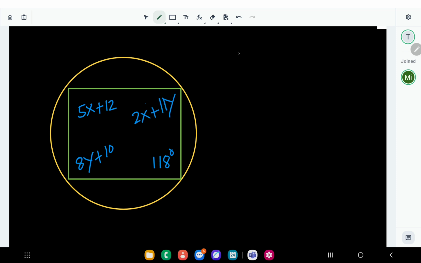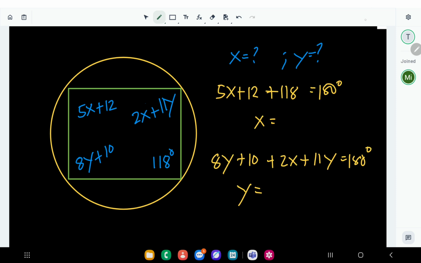Okay, solve for x and y. Alright, so what is the value of x? Okay, 10, that's correct.